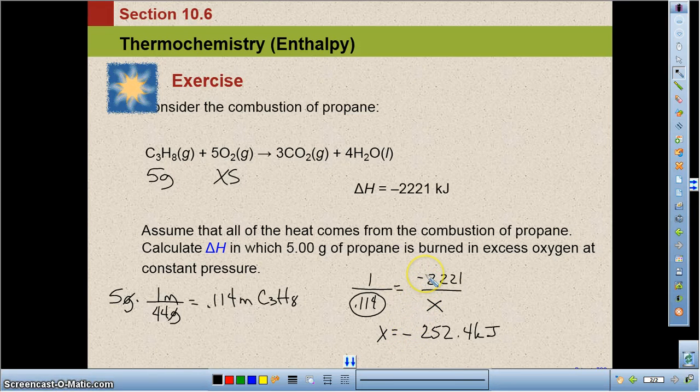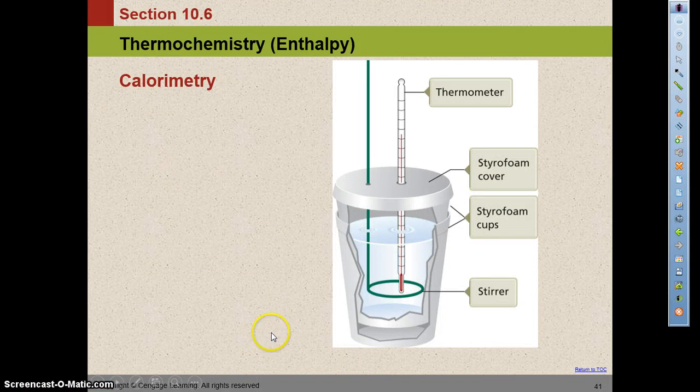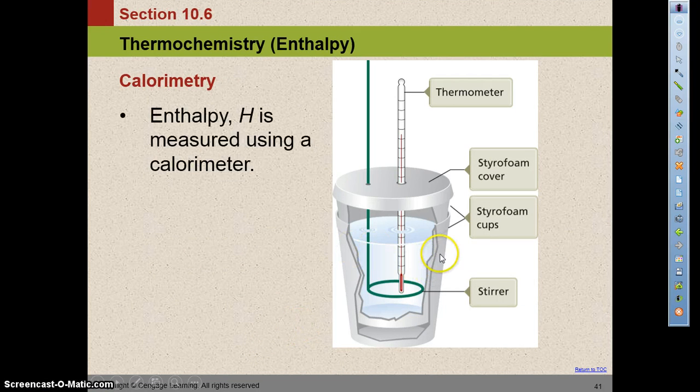The last thing we're going to look at in section 10.6 is calorimetry, and this is one that's made with very expensive equipment, styrofoam cups, and we can actually use this to measure the enthalpy in the reaction in the calorimeter.